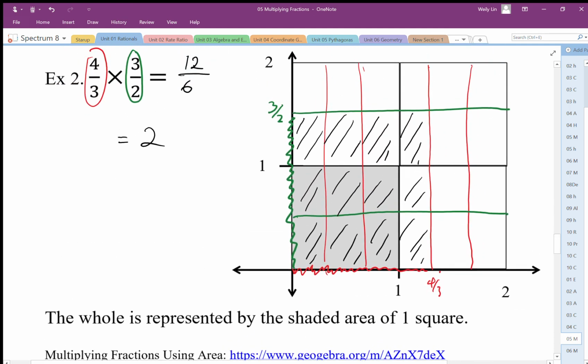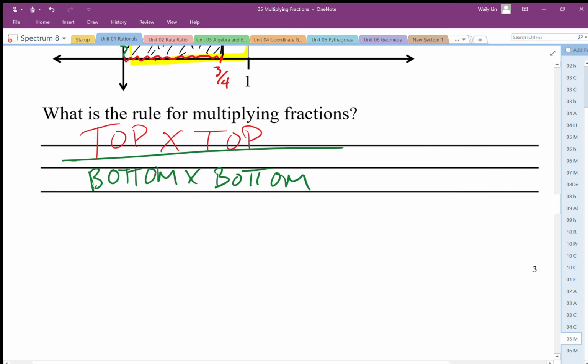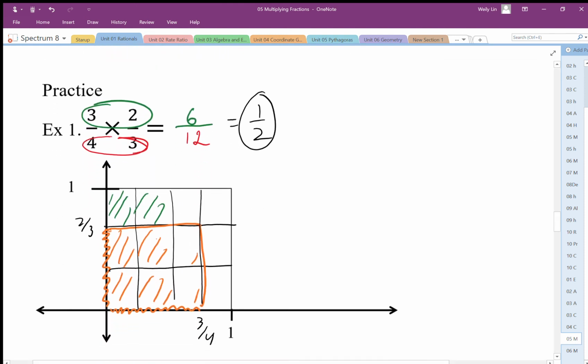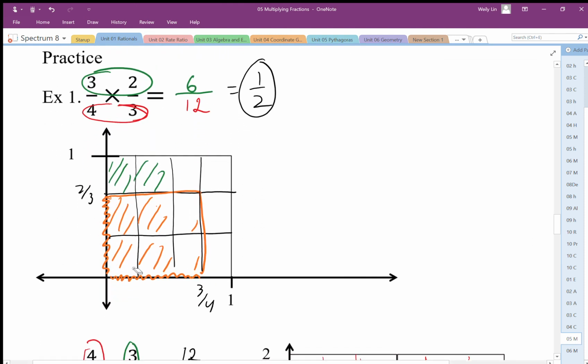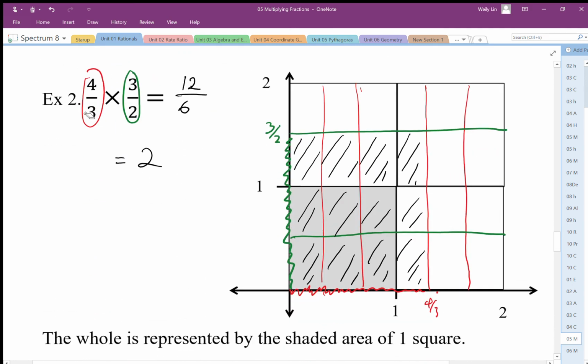This area model is an excellent way to justify or to do any kind of multiplication. It seems to confirm this nice new rule of top times top, bottom times bottom, because the top times top gives us the number of pieces I'm going to end up shading, and the bottom times bottom, in this case 3 groups by 2 groups, gives us the divisions that make up the 1 whole piece.